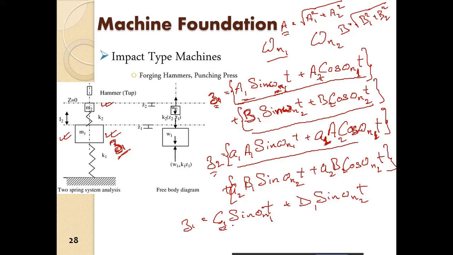So the thing is that we can represent that equation in different forms.